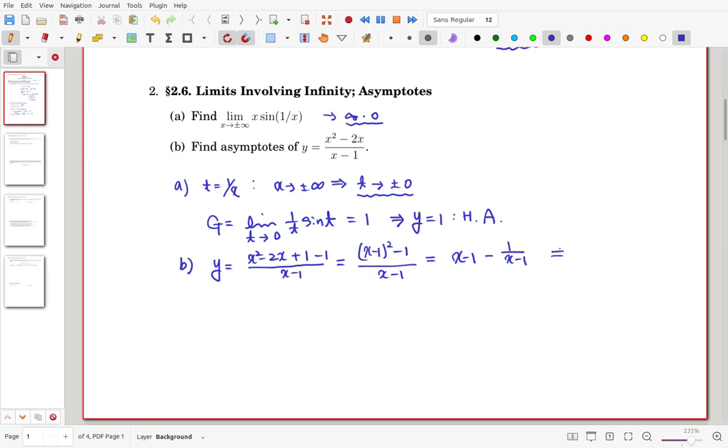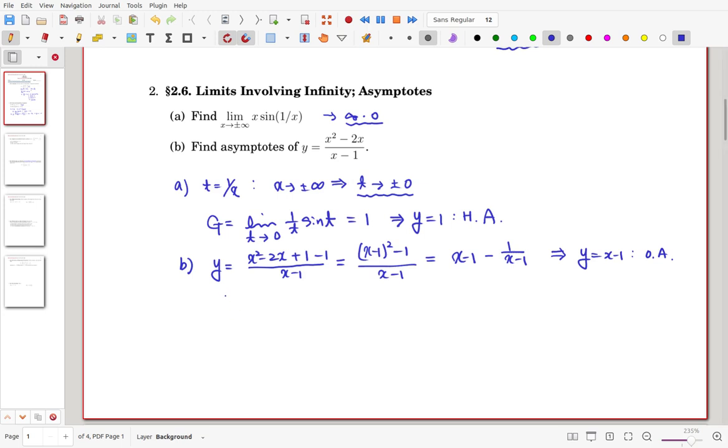So we can say y equals x minus 1 is an oblique asymptote. And when x equals 1, the value blows up, and we can easily see that x equals 1 is a vertical asymptote.